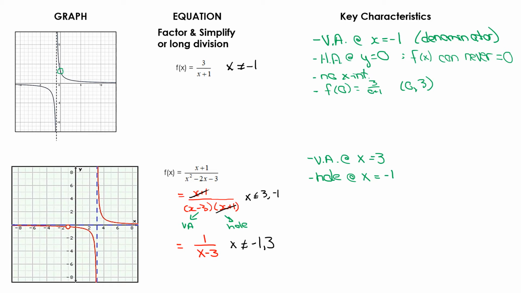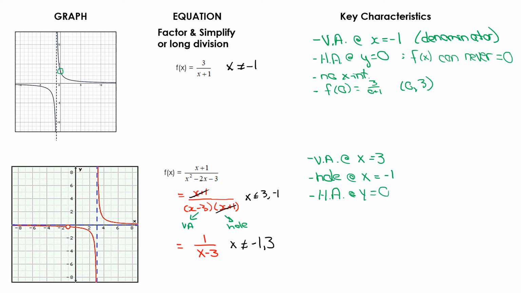And you can see from the graph where that is. Our function will never reach 0. So we have a horizontal asymptote at y equals 0.